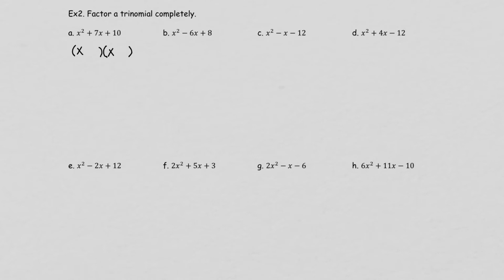Then you're going to think about the sign, right? The sign of the constant, the third term, will decide if we're going to have the same sign or different signs. When this sign is addition, you're going to have the same sign.